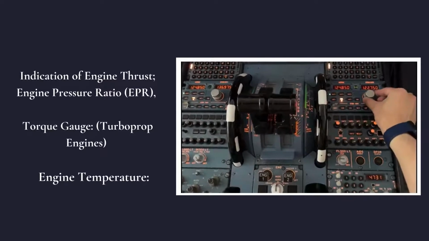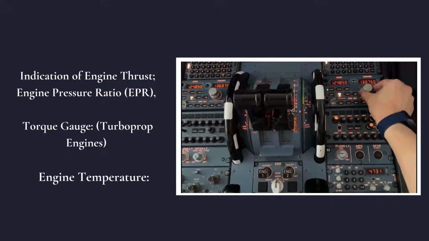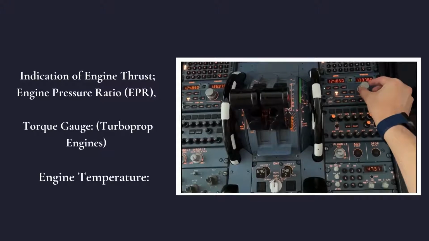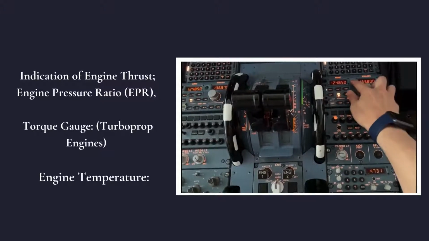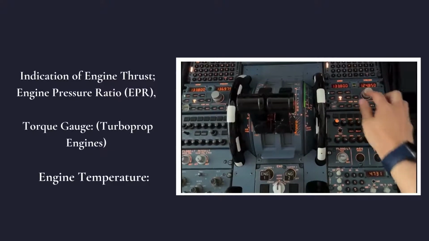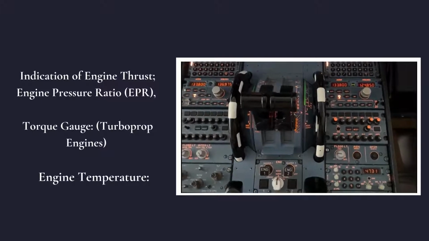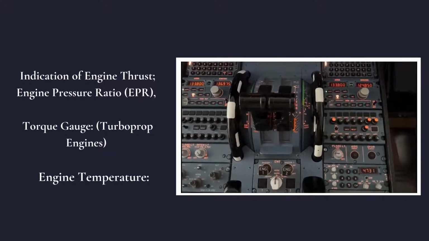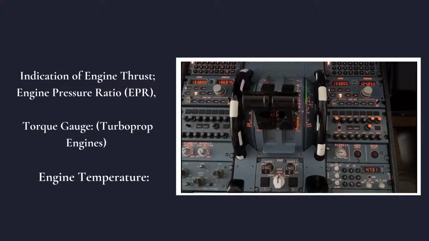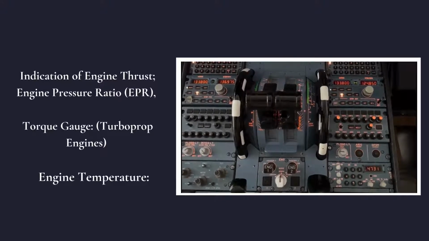Engine temperature. Piston engines have two temperature indicators. Exhaust gas temperature indicator EGT indicates if the air-fuel mixture has the correct proportion. This ratio is adjusted with the mix control.